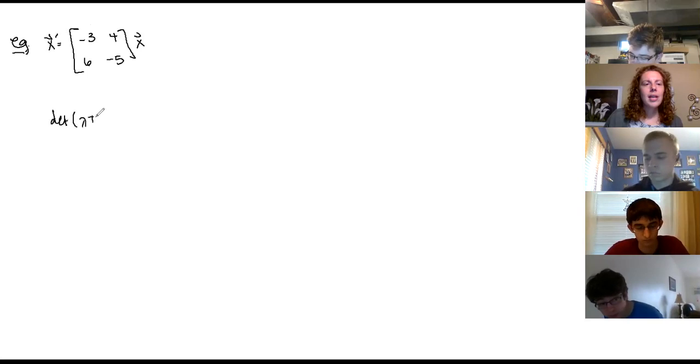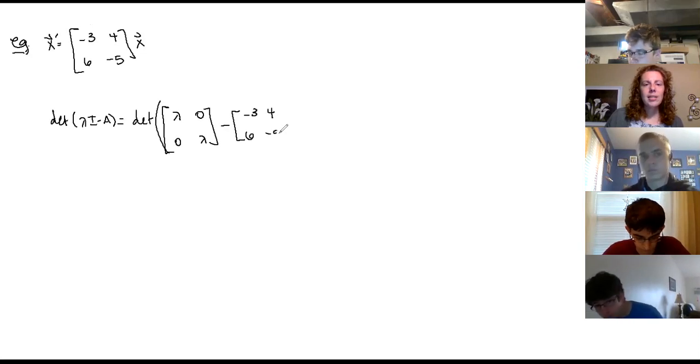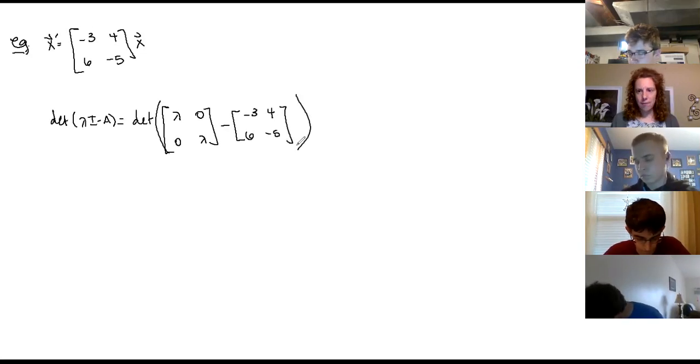Determinant of lambda I minus A. Here's where I'm going to skip my first step. This is going to be the determinant of lambda, 0, 0, lambda minus -3, 4, 6, -5, right?